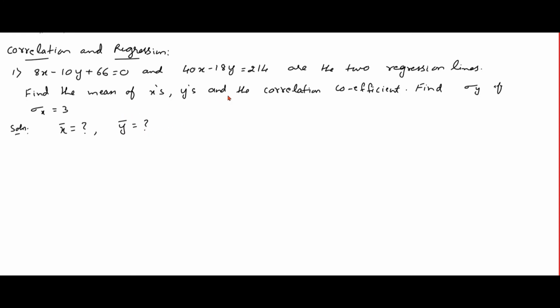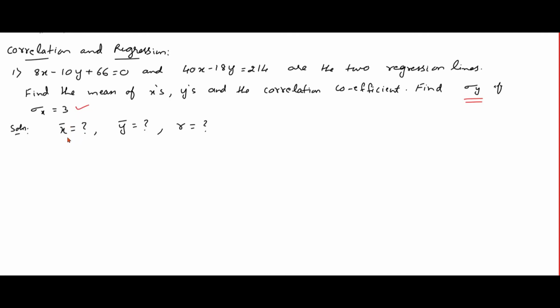Along with that, we need to find the correlation coefficient, that is the value of r. After finding these three values, I need to find the value of sigma y when the value of sigma x is given to us.